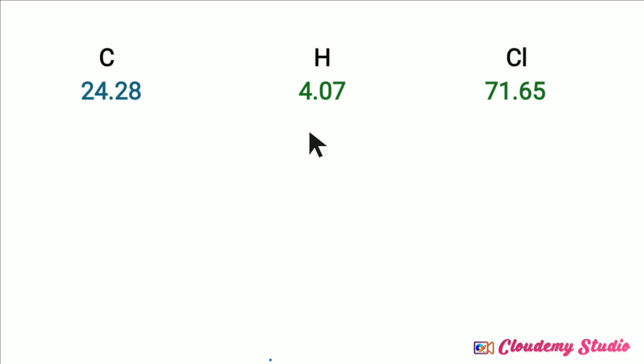Here the molar mass refers to the gram atomic mass, that is the relative atomic mass expressed in gram. So carbon, 24.28 gram is divided by 12 gram. Hydrogen, 4.07 is divided by 1. Chlorine, 71.65 is divided by 35.5.